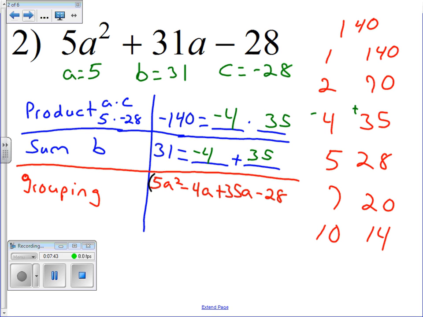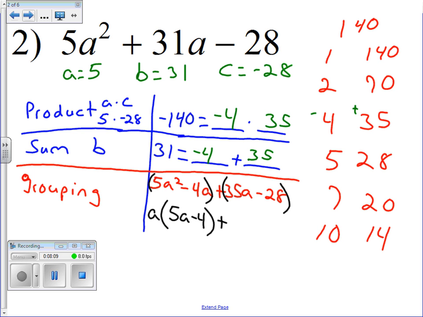Now, let's see, what can I factor out? The first two terms, I can factor out an a. And if you're not familiar with grouping, watch the video on grouping. 5a minus 4 plus.